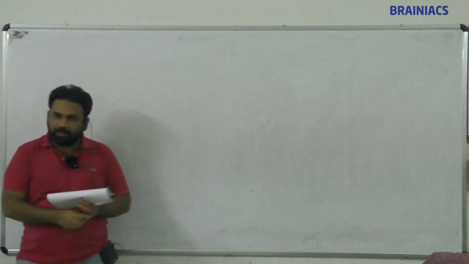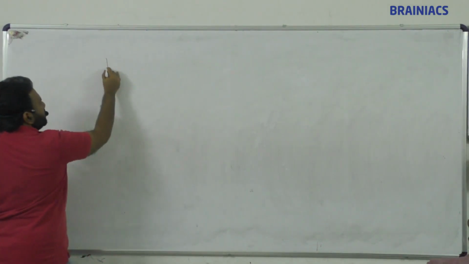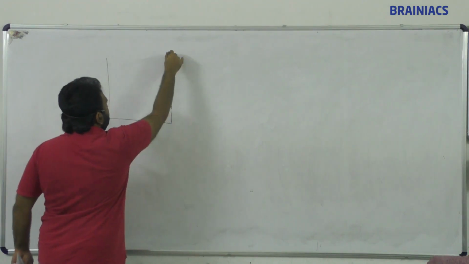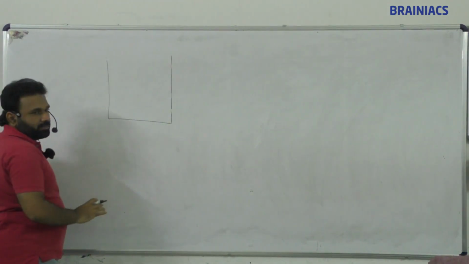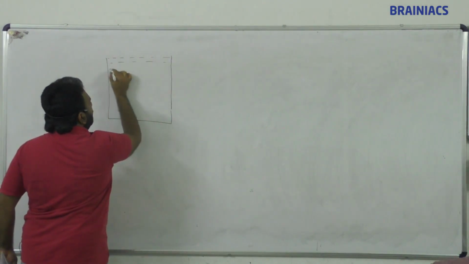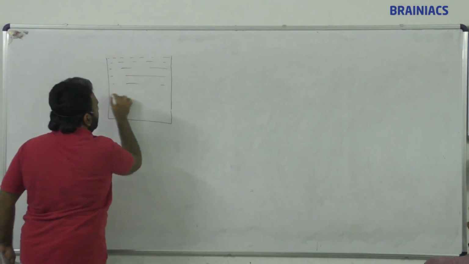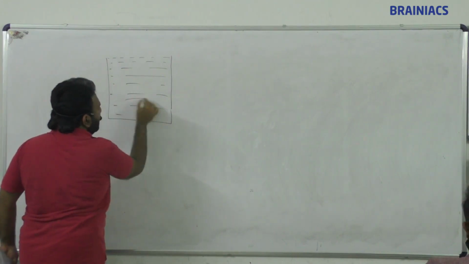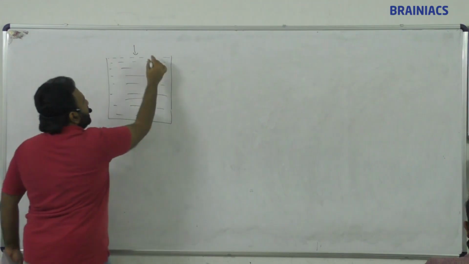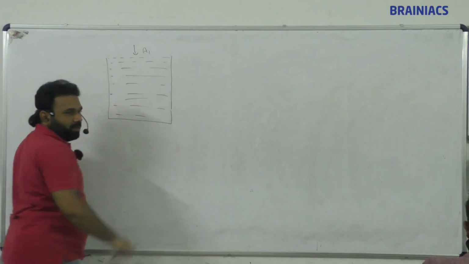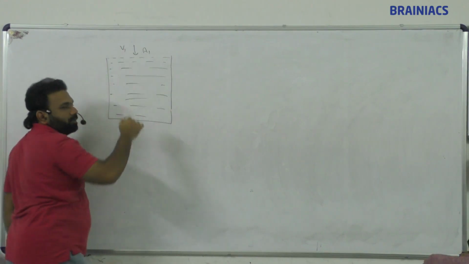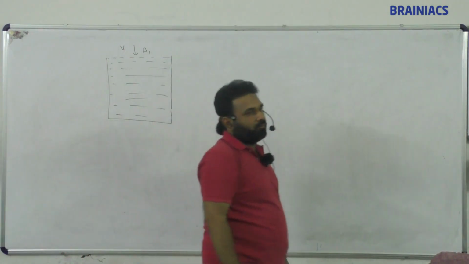So suppose we have something like this, full of fluid, and fluid is coming out here. This area of cross section is A1 and here we are getting fluid at a V1 velocity.